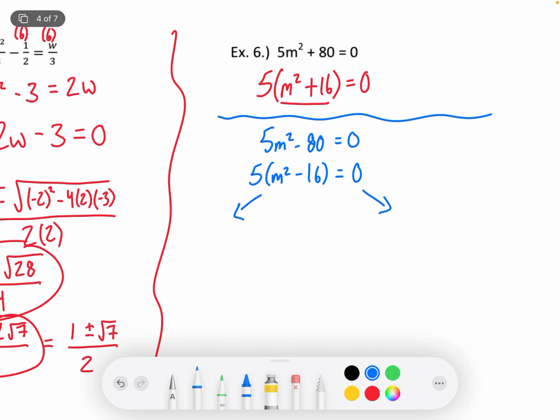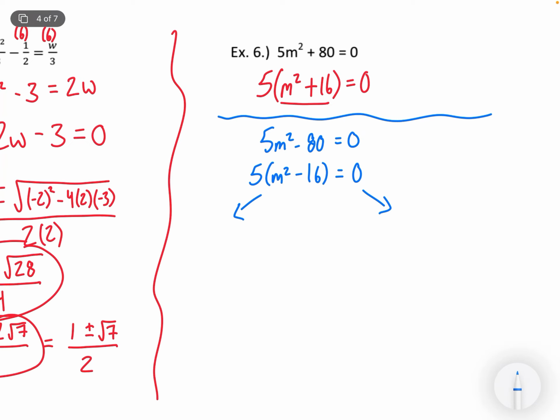Okay, now we can divide that 5 out because really we're just trying to solve for our variable. So in this case, we'd then get m squared minus 16 equals 0 because 0 divided by 5 is 0. Then we'd get m squared equals 16, and then m equals the square root of 16. But because we've added that square root in, we need to have the plus or minus.